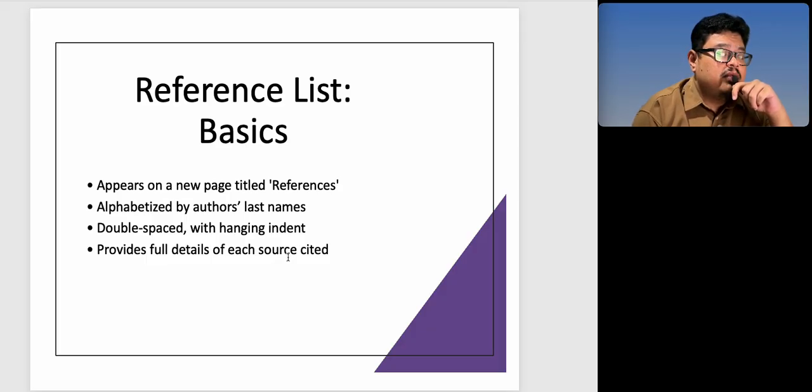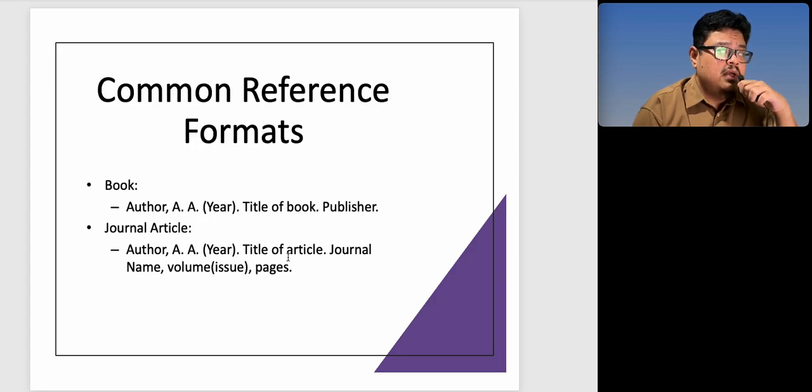So you must be wondering, what are the details that are required in the reference list? So we will look at it now. So these are the two formats which are very common. Okay, for book, you must put the author name, right? Here is the last name, right? AA is the first name, right?